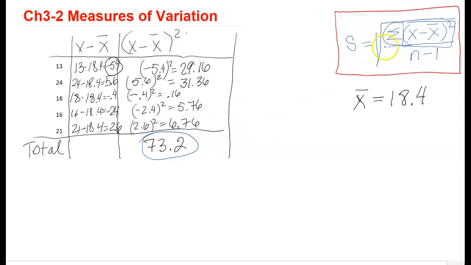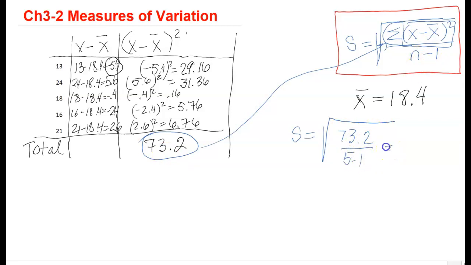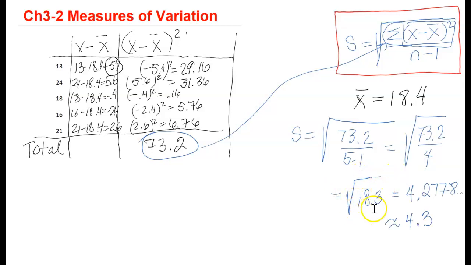Let's plug it into the formula to find standard deviation, which is equal to the square root of the sum of the squared differences, 73.2, divided by n minus 1, which is 4. So it is the square root of 73.2 divided by 4. I'm going to use the calculator to find the square root of 18.3, which is equal to 4.2778.